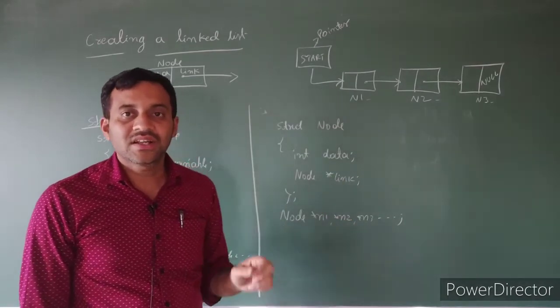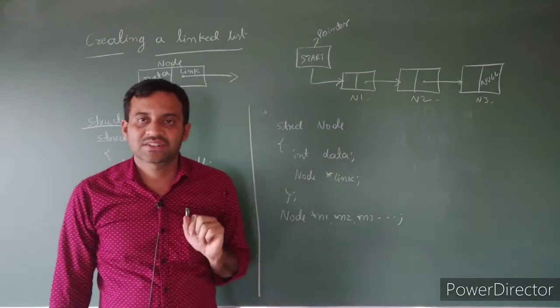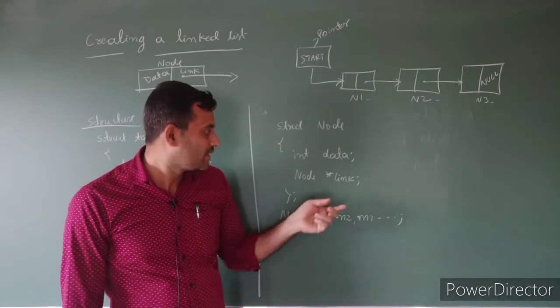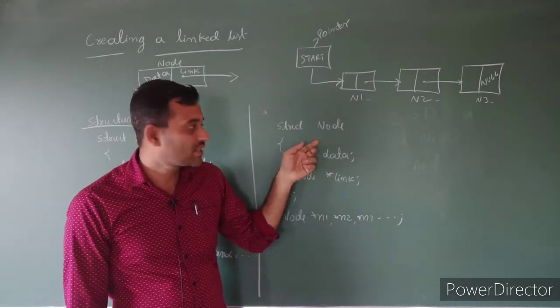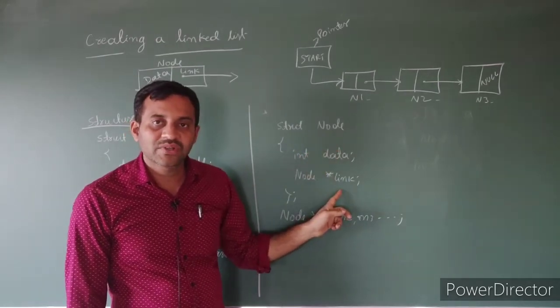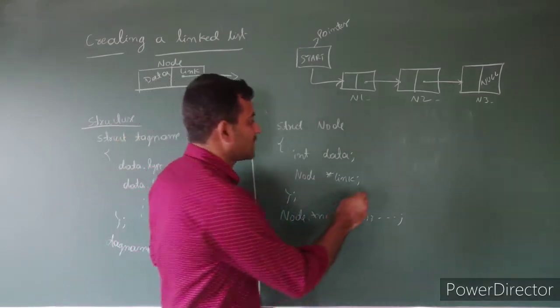This is called a self-referential structure. Why is it self-referential? The link part is of the same type. What is the name of the structure? Node. The link part is of the same type. Hence it is a self-referential structure.